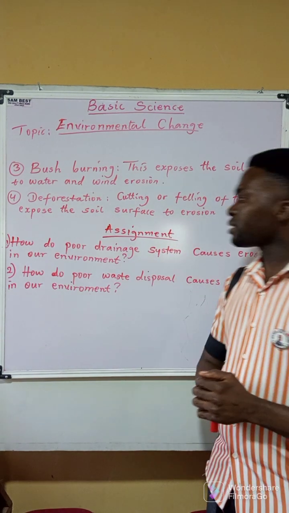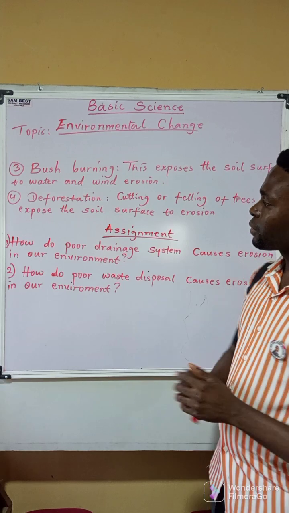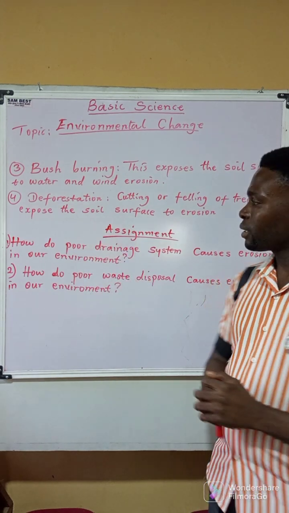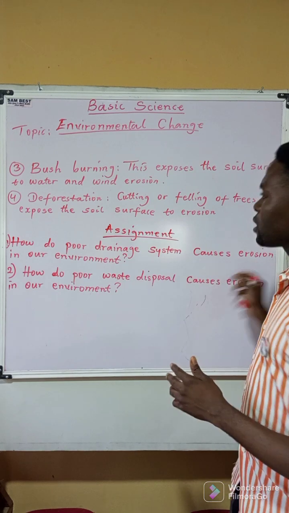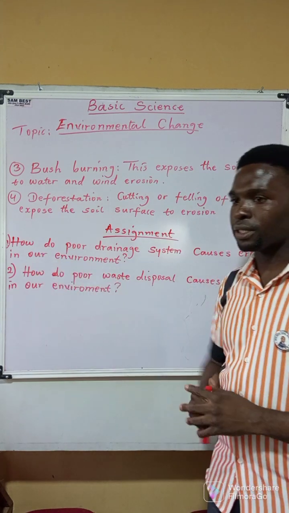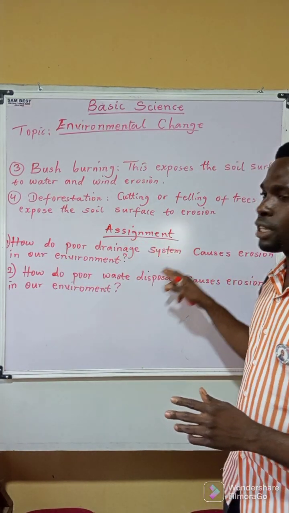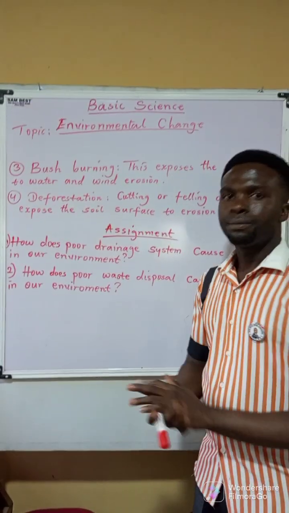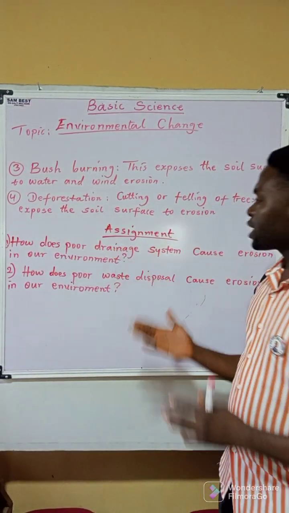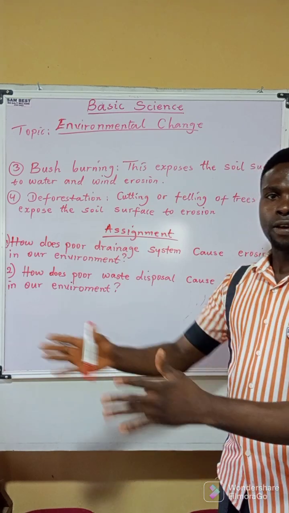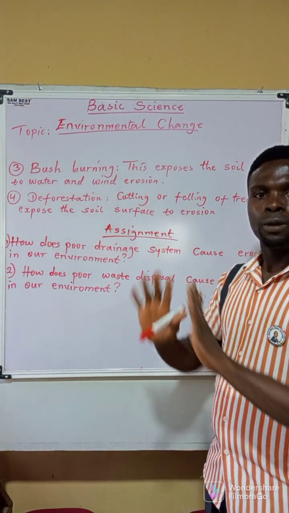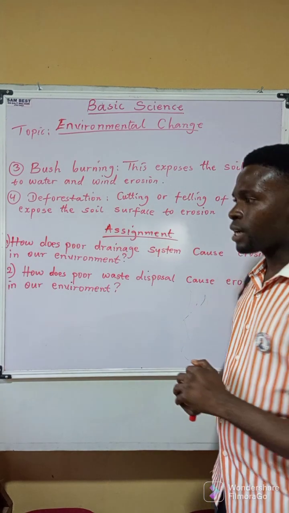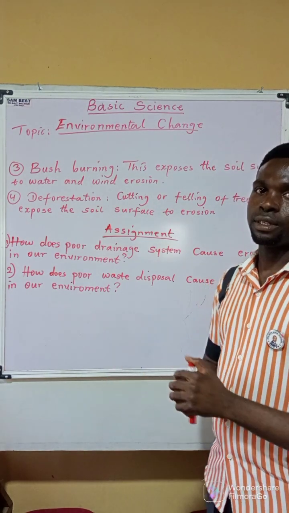So in your assignments, you are going to do just two assignments for me. Number one, how does a poor drainage system cause erosion in our environment? What we mean by drainage system is those allowances made so that water will flow easily without interrupting human activities.